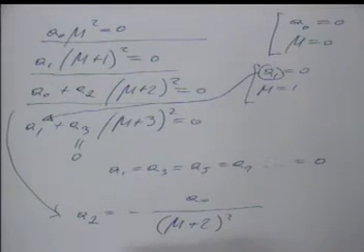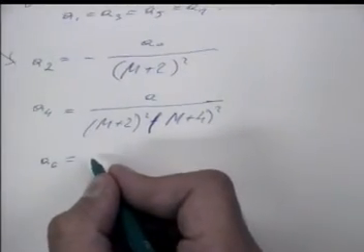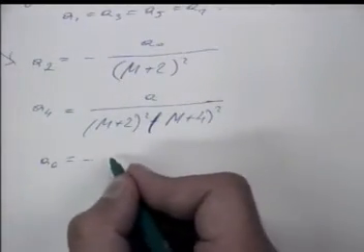Also, we can obtain the following coefficients: a4 will be equal to a0 divided by (mu plus 2) squared multiplied by (mu plus 4) squared, and a6 will be the same, except with the minus sign.